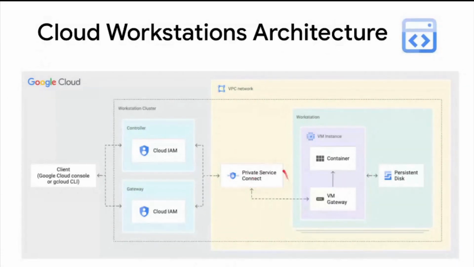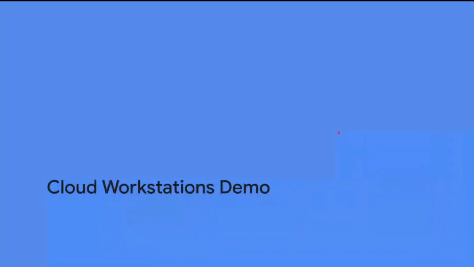And there will be several things that are provided by Google in order to secure your workstation. And as you can see here, you can also create a persistent disk for the VM. So you can define how many gigabytes of disk you want to provide for every VM. You can also do something like that. And this persistent disk will be kept as long as the workstation is running. So we will go into that later. I will show you in the demonstration.